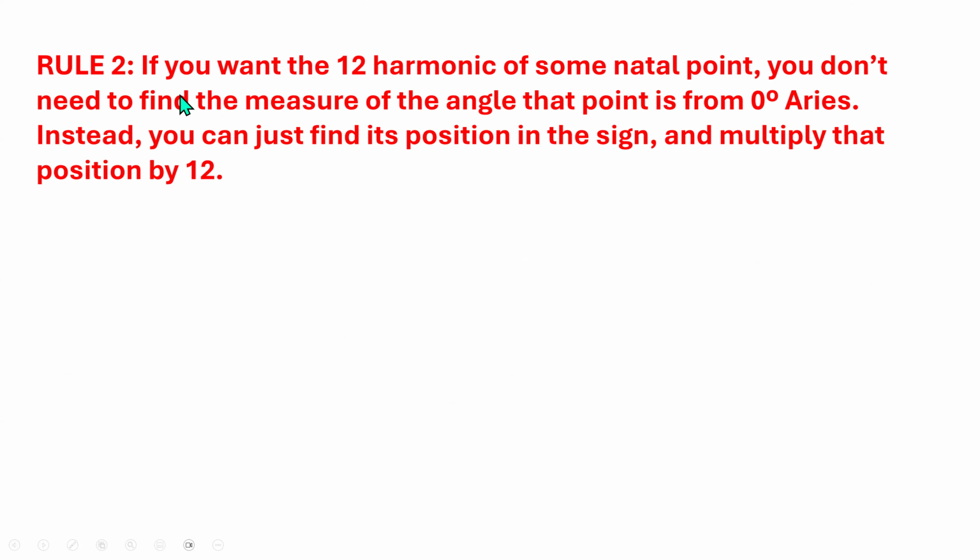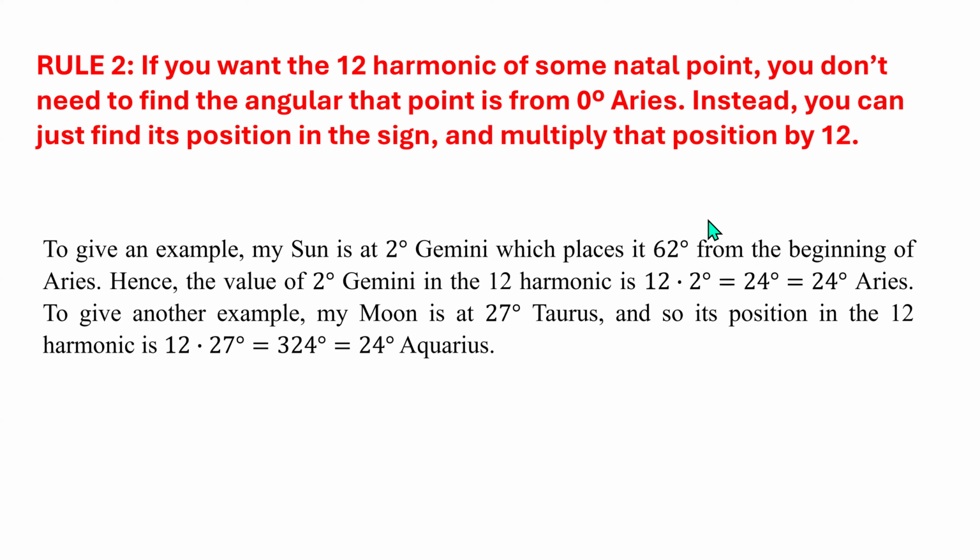Okay, now rule 2: if you want the 12th harmonic of some natal point, you don't need to find the measure of the angle that point is from 0 degrees. Instead, you can just find its position in the sign and multiply that by 12 degrees. I find this to often be a useful shortcut in certain situations.